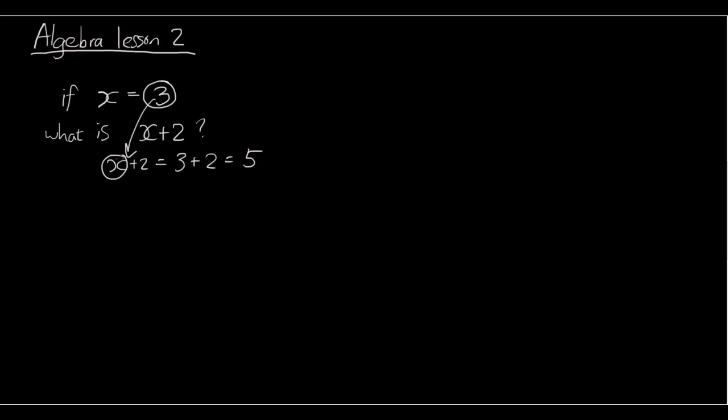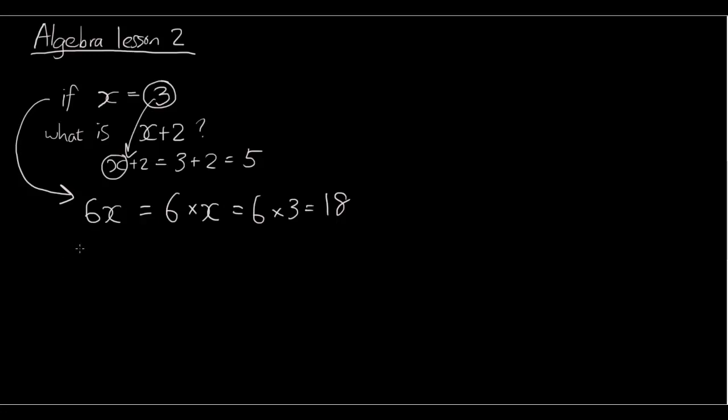Now, if I write a number in front of x, for example, if I write 6x, that simply means 6 times x. Okay, now if x equals 3, 6 times x will be 6 times 3, which will be 18. Okay, now let's do another one.